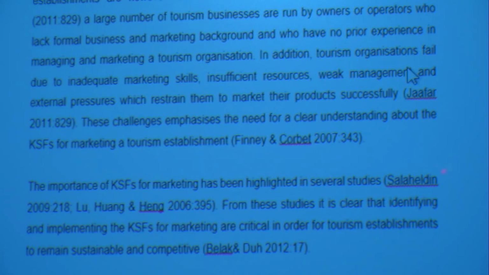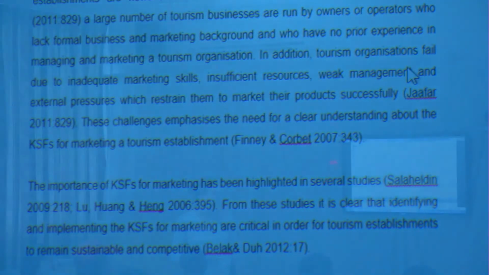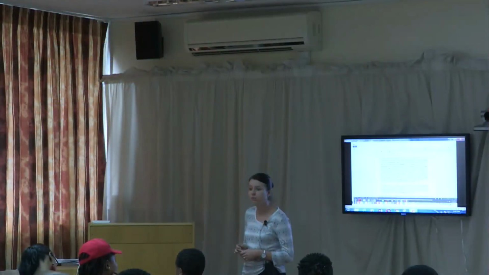So they also say this is an important topic. So she references them. From these studies, it is clear that identifying and implementing key success factors for marketing are critical in order for tourism establishments to remain sustainable and competitive. So other studies also say this is important. Do you get that? This comes in a problem statement.